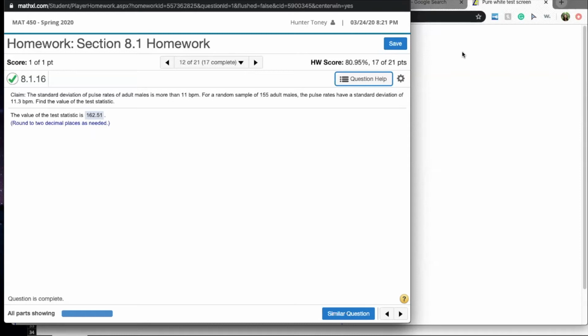Our formula for the standard deviation is chi-square equals n minus 1 times our sample standard deviation squared, over sigma squared, or our population standard deviation.